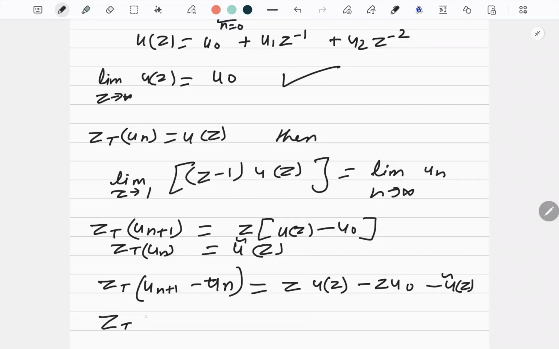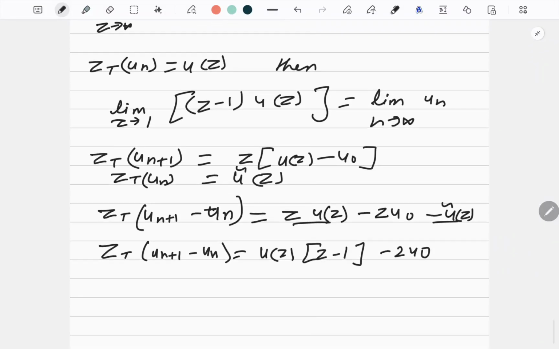So z transform of un plus 1 minus un is equal to, look at these two, uz z minus 1 minus z u0. Correct? Now what happened? Now I want, sorry, why am I writing 240? It is z u0. So z u0.